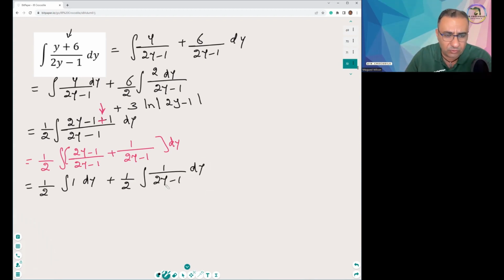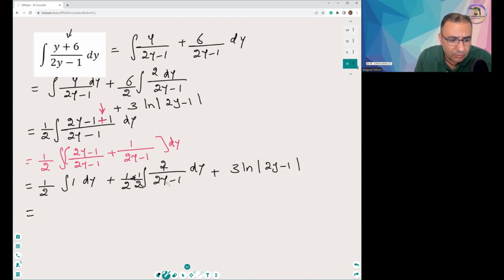Now I can integrate 1 over 2y - 1. Again, I will multiply by 2 and divide by 2. And then don't forget, we have here 3 ln of 2y - 1. So we are almost there. It's going to be 1 over 2, the integral of 1 dy is y, plus 1 over 4, the integral of 2 over 2y - 1, where the derivative is up, so it is 1/4 ln of the denominator 2y - 1, plus 3 ln of 2y - 1.